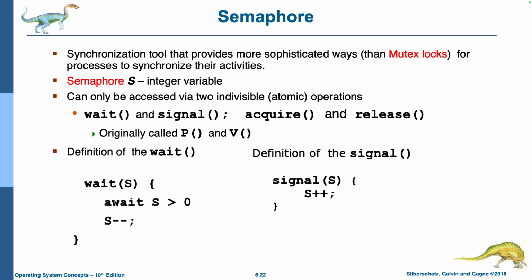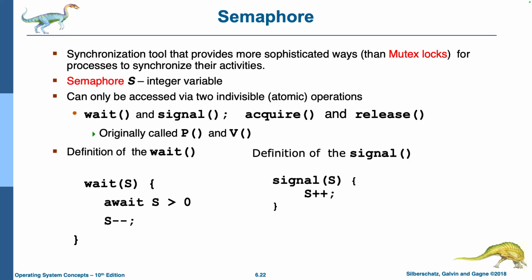Wait means the counter is decreased by 1. Signal means the counter is increased by 1. So wait here: if S is 0, it means no resource, and this thread will sleep.